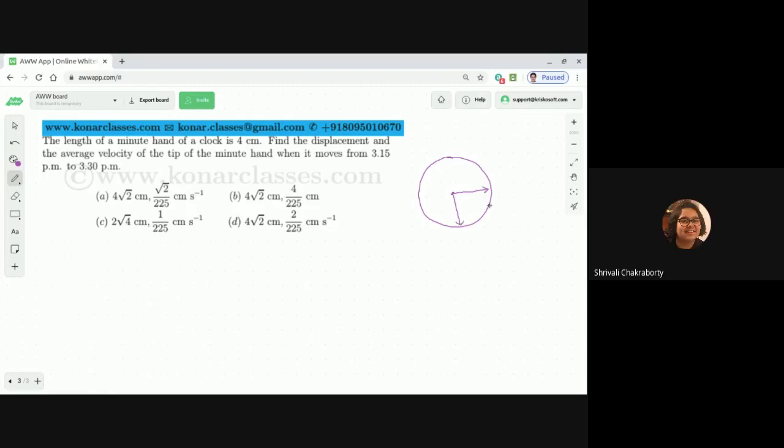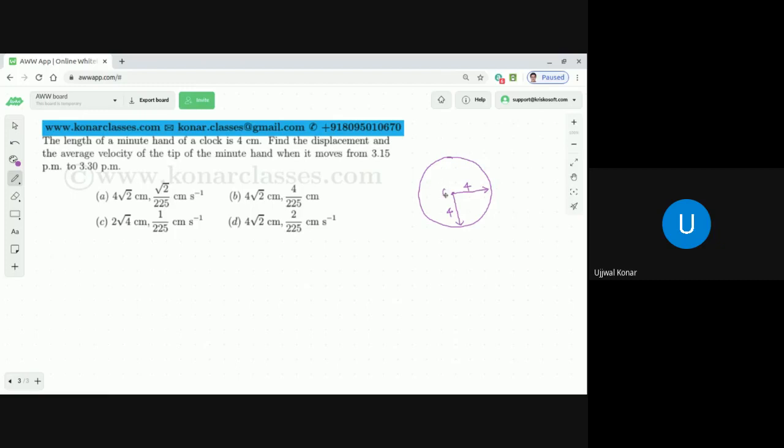Yes, sir. So now this length is 4 centimeter. This length is also 4 centimeter. Correct? So now what is the displacement?